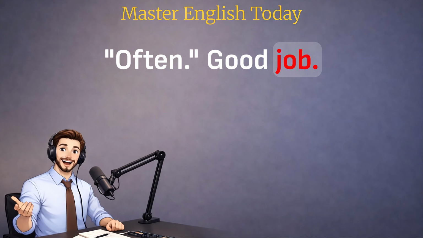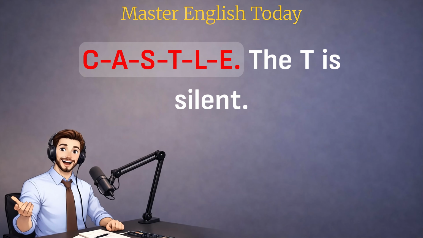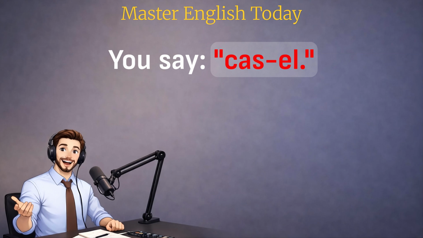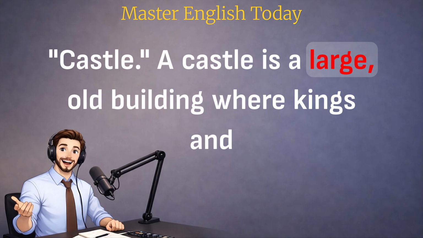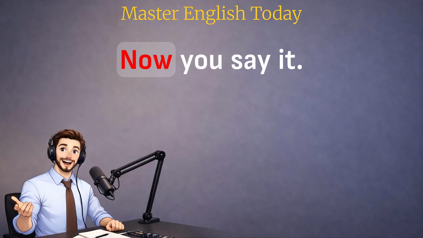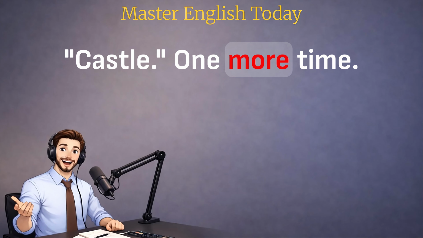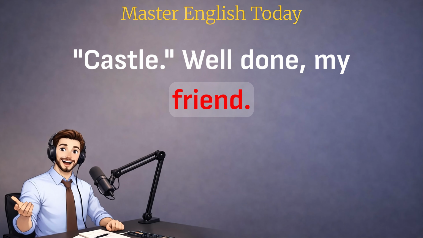Good job. And the word castle. C-A-S-T-L-E. The T is silent. You say castle. A castle is a large old building where kings and queens used to live. Now you say it. Castle. One more time. Castle. Well done, my friend.